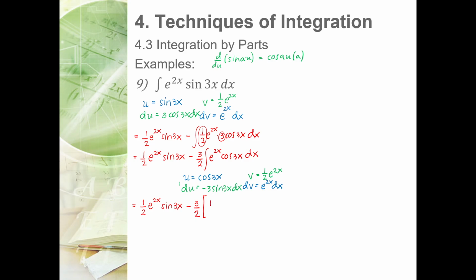So that's 1/2 e raised to 2x cosine 3x minus the integral of v du, 1/2 e to the power of 2x times negative 3 sine 3x dx.